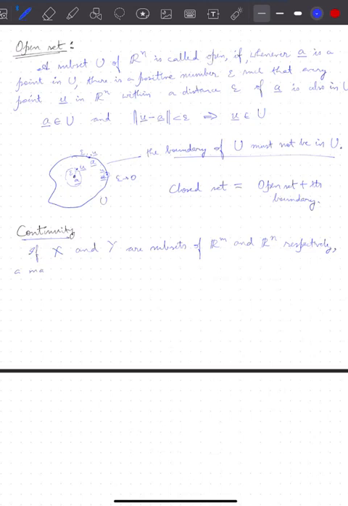So, if we have subsets and a map F from X to Y.